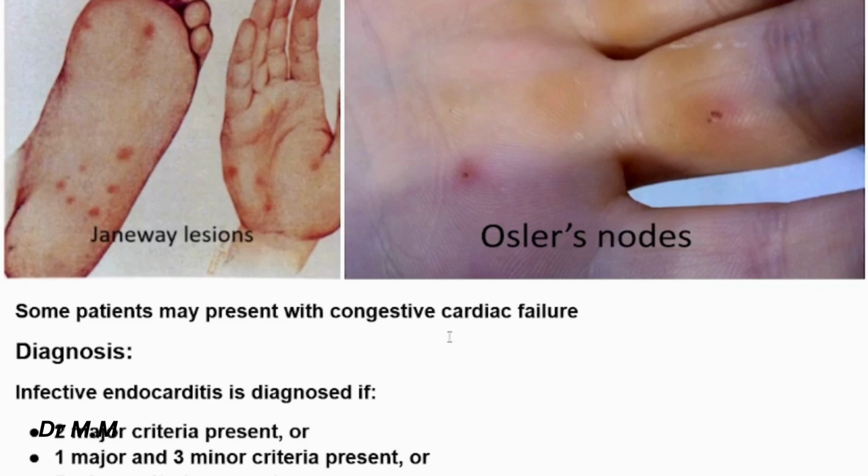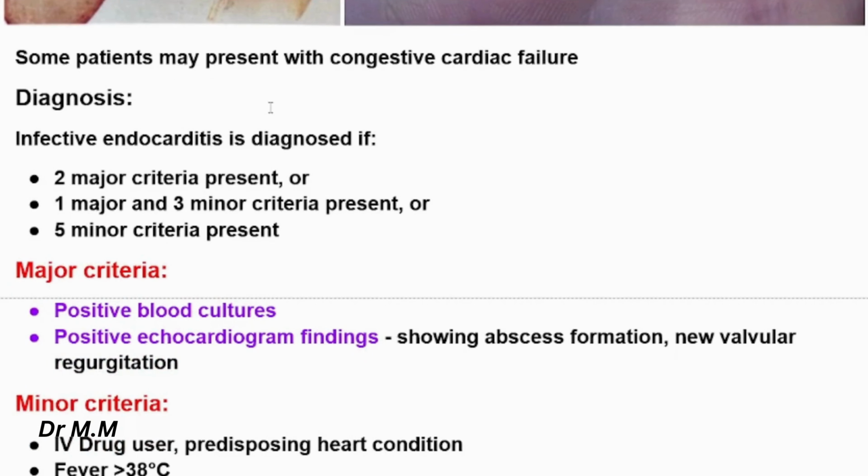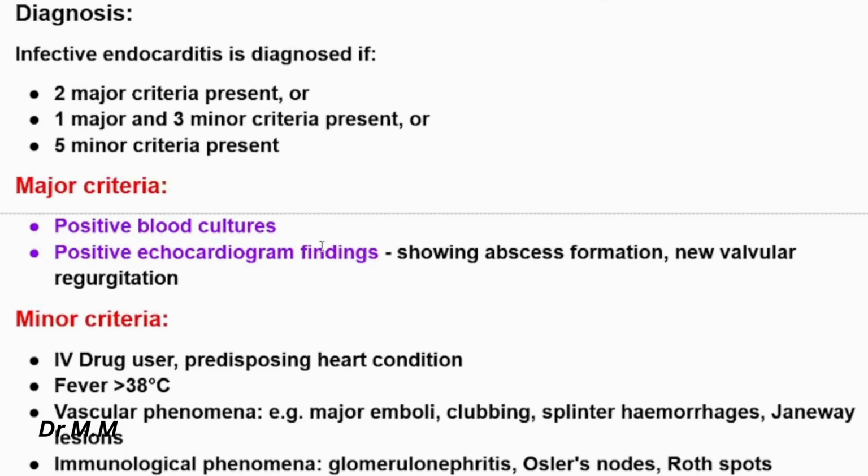Diagnosis of infective endocarditis: we have two criteria, major criteria and minor criteria. If we have two major criteria, or one major and three minor criteria, or five minor criteria, the diagnosis is confirmed.